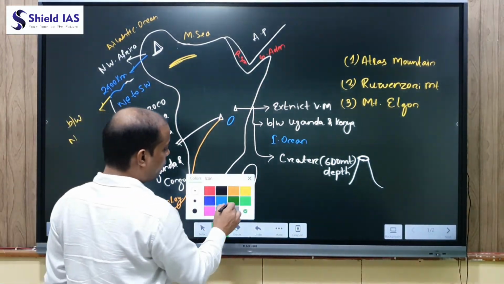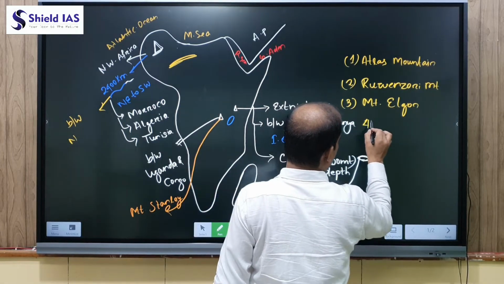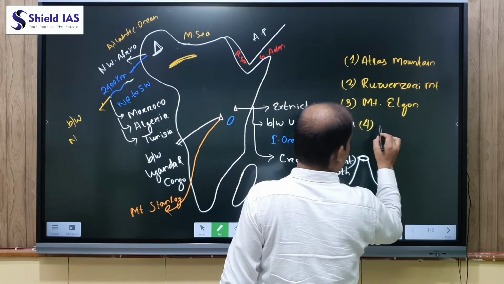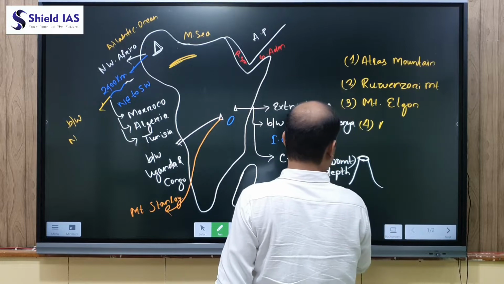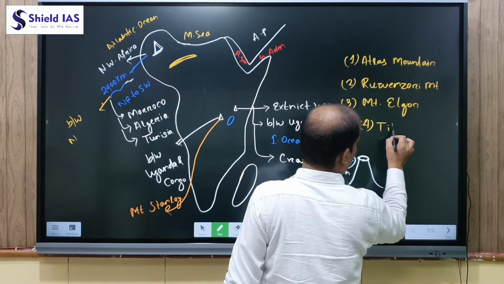And the fourth important mountain of Africa is the Tibesti mountain.